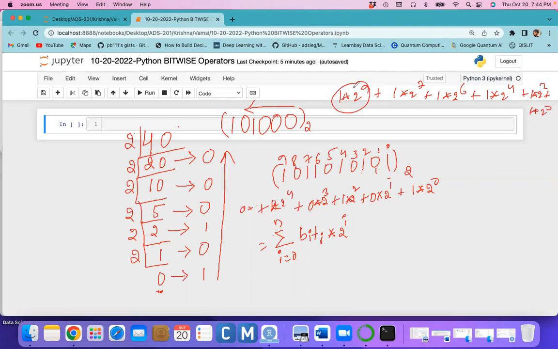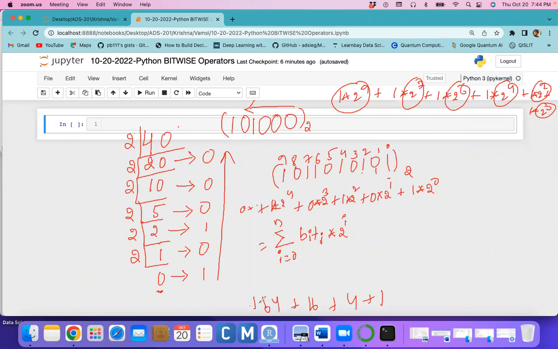So what is the value of 2 power of 9? What is the value of 2 power of 7? What is the value of 2 power of 6? 2 power of 2. 2 power of 0. 2 power of 0 is a 1. 2 power of 2 is 4. 2 power of 4 is a 16. And 2 power of 6, it's a 128. Is it 128? A 64?